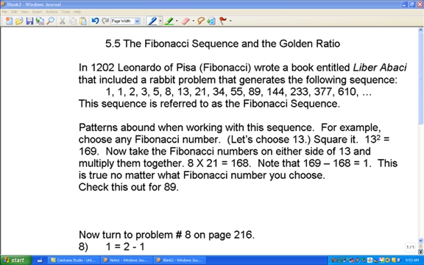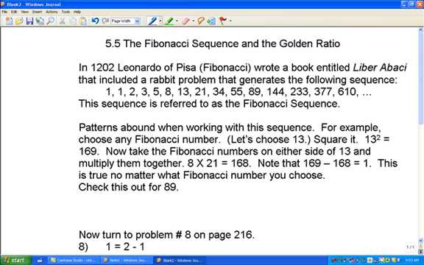Now, if we multiply the Fibonacci numbers on either side of that, 8 times 21, we get 168. And no matter what Fibonacci number you choose, this is always going to be true. The difference between the square of the Fibonacci number and the product of the two numbers on either side of it will always be 1.